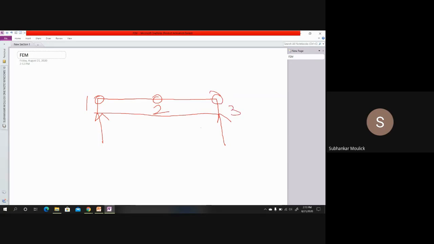That means this beam comprises two elements. Node 1 and 2 comprise the first element, node 2 and 3 comprise the second element. If on the elements UDL is applied, the intensity of this UDL is say 4 Newton per meter, and the entire length of the beam is say 2 meter.